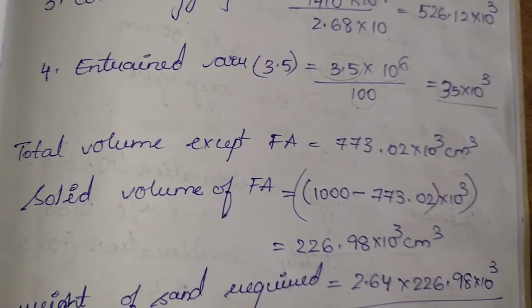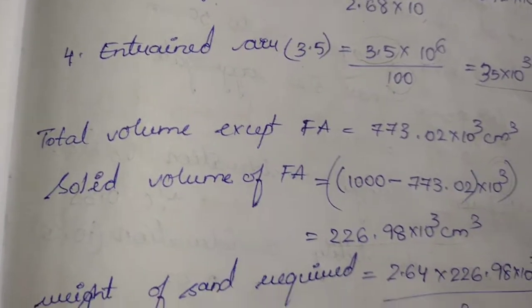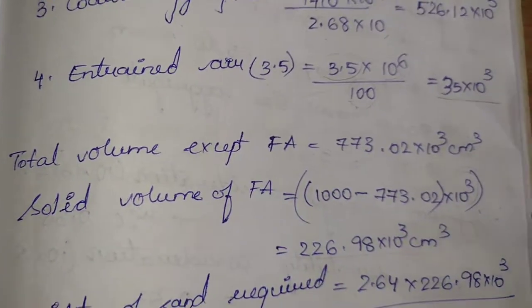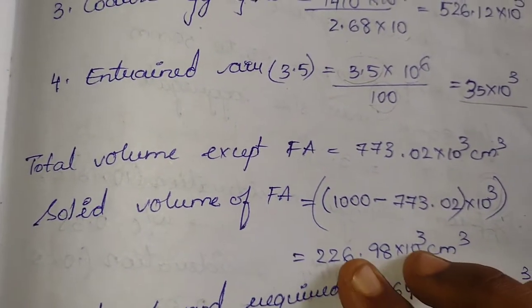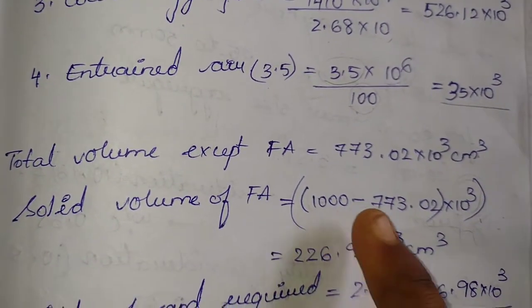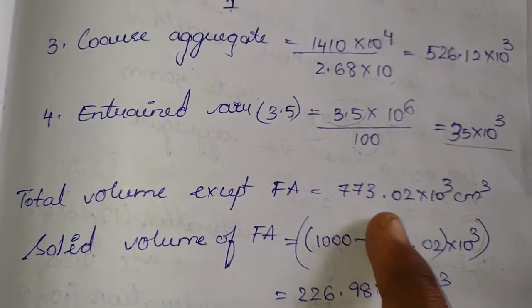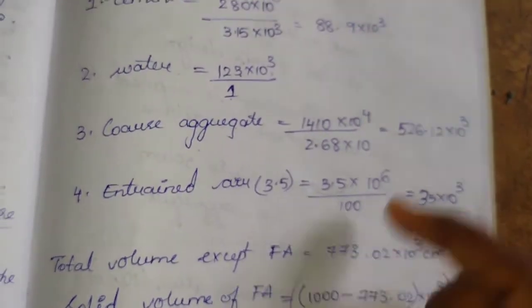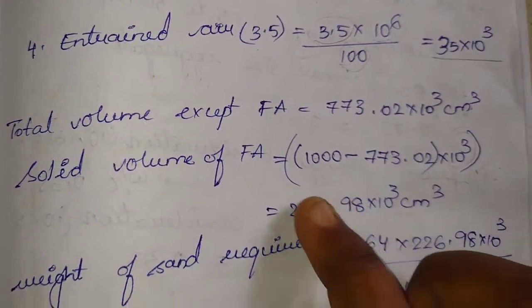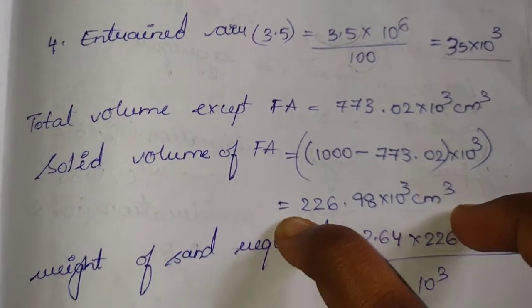We know the concrete to be calculated for 1 meter cube, that is 10 to the power of 3 centimeter cube. See, this is centimeter cube. The 1000 minus 773.02, that is the total volume of the concrete except fine aggregate. We are subtracting that, so we will get only the volume of fine aggregate.